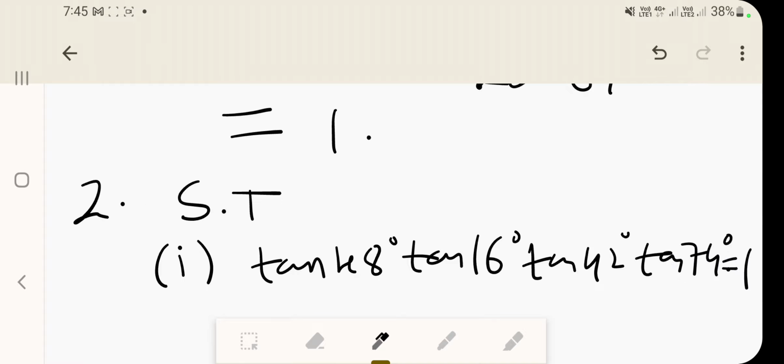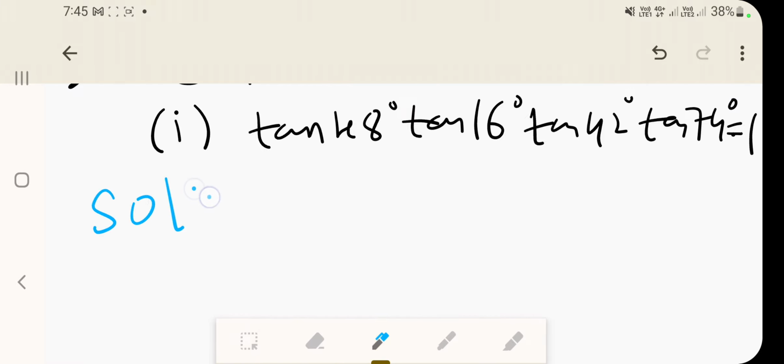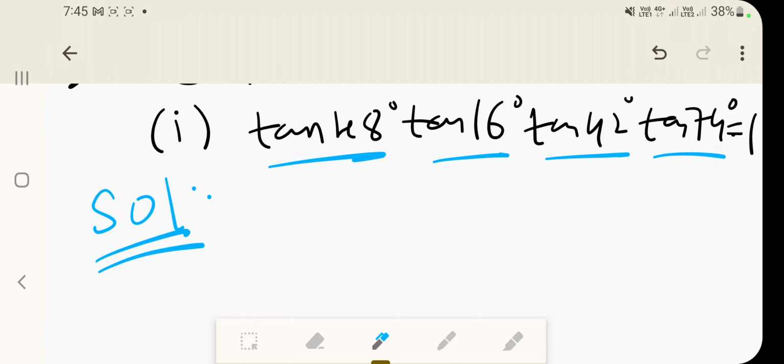So here if you observe, we have totally 1, 2, 3, 4 terms: tan 48 into tan 16, tan 42 into tan 74. They are asking to show that it is equal to 1. So we can take the left hand side, it is tan 48, tan 16, tan 42, tan 74.